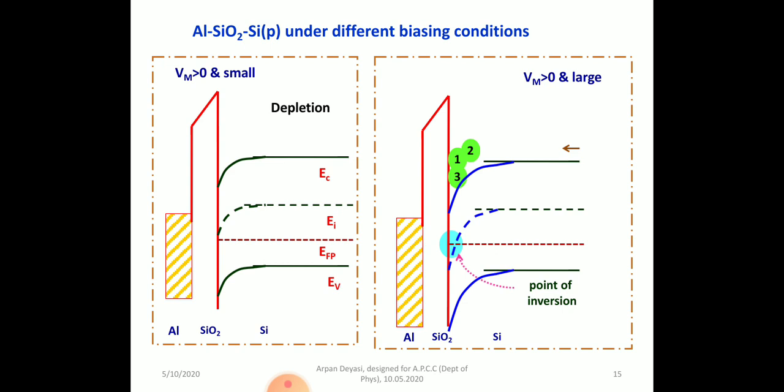So if the extrinsic Fermi level becomes closer to the conduction band, it will behave as an N-type semiconductor. That means a P-type semiconductor becomes N-type without further external doping, and that's why the condition is called inversion. Now recall the case when both the Fermi levels touch, so it tries to make it invert, and that's why the point is called the point of inversion.